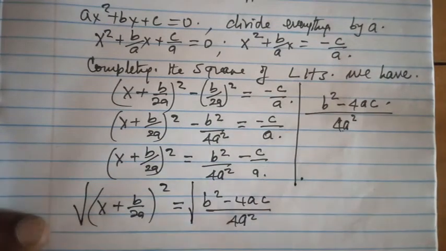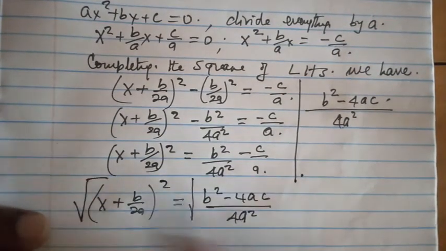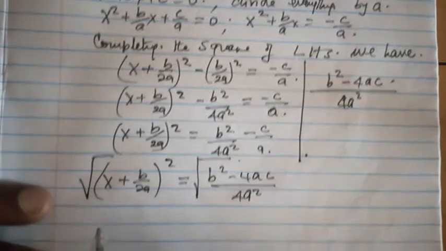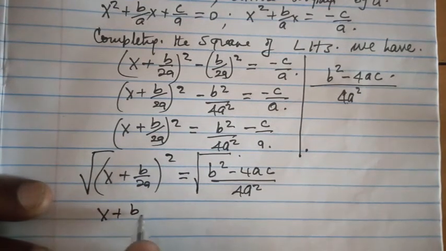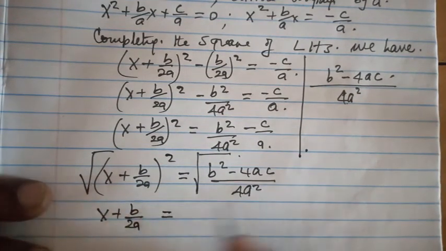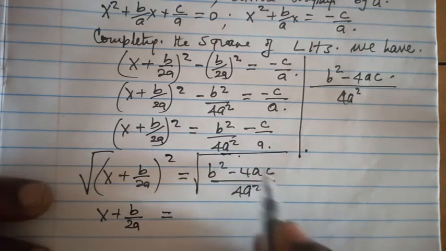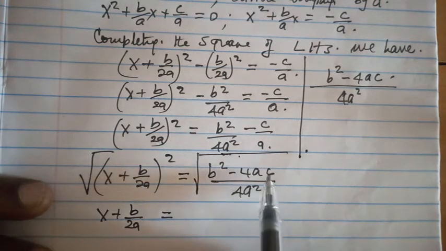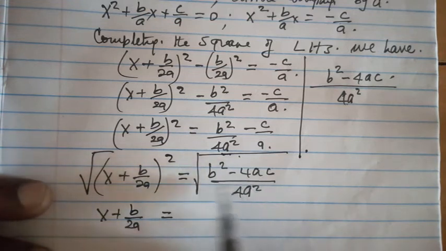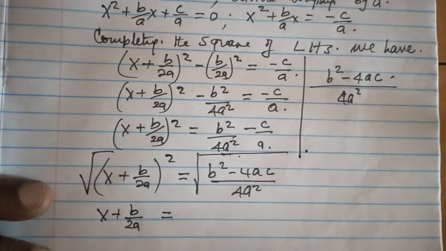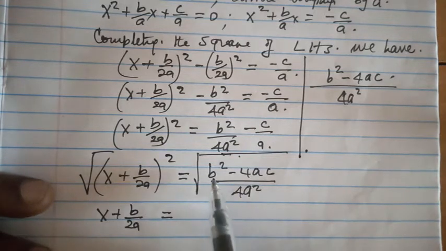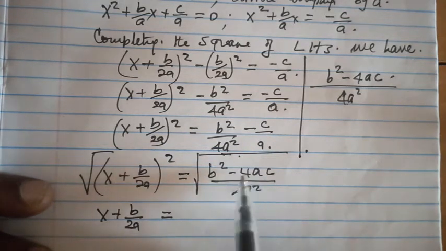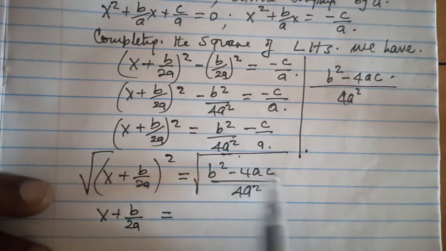To make x the subject of the formula, you must get the square root of this side and the square root of this side, whereby the square root of this side is simply x plus b over 2a, which is equal to, and this is where I want us to be keen. You realize that the numerator, b squared minus 4ac as a single term, doesn't have a terminating square root, because as much as we can get the square root of b squared, which is b, it is not easy to get the square root of 4ac.